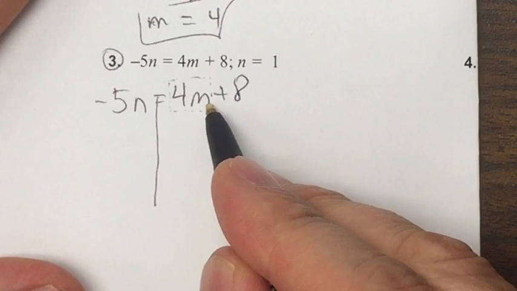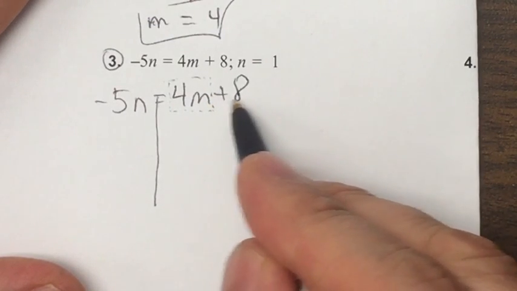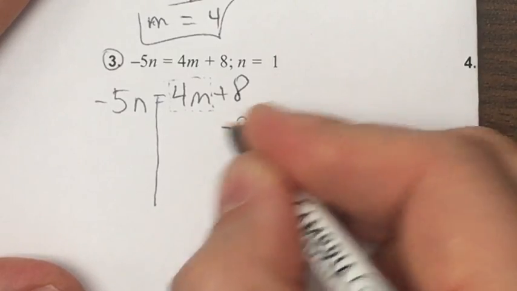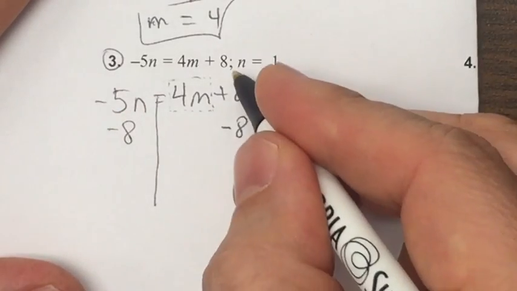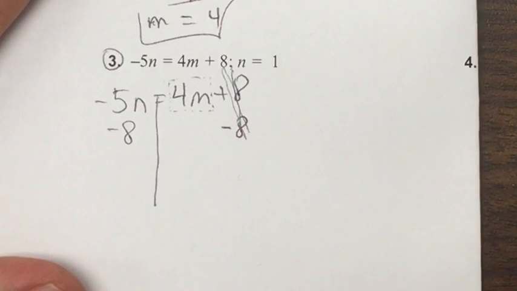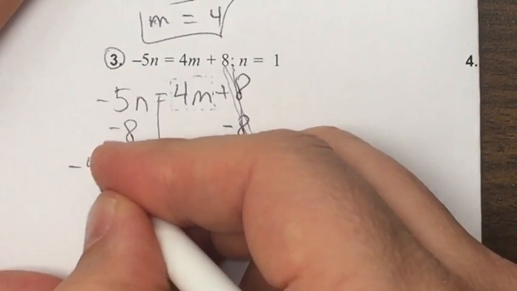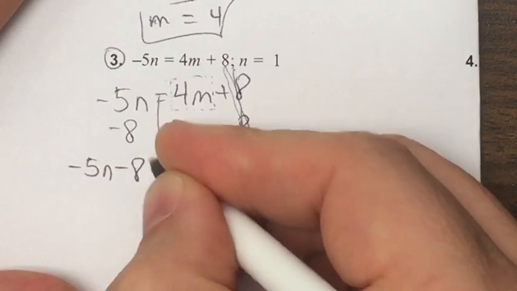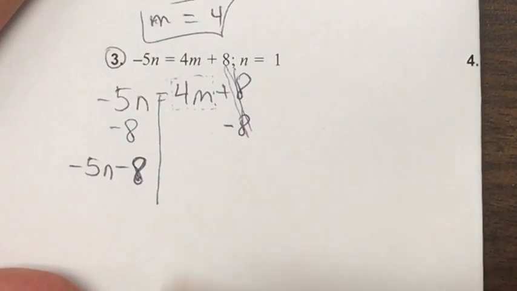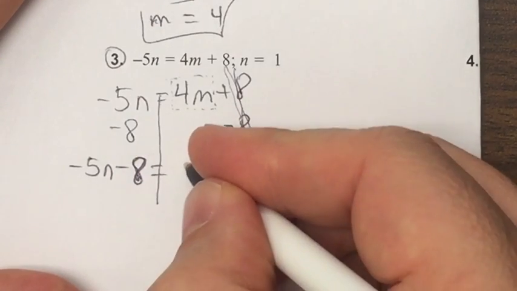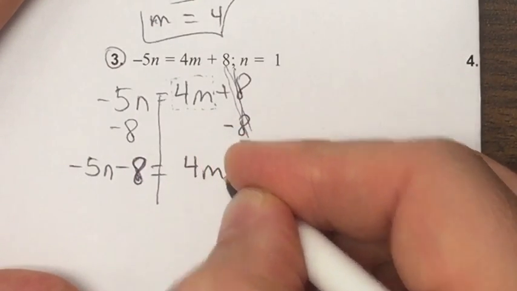It has 4m, and what I have over there with it is a plus 8 that I need to get rid of. Let's do minus 8 on both sides. 8 minus 8 cancels out to 0. Over here I have negative 5n minus 8. I can't combine those terms. I'm just going to write them side by side. So negative 5n minus 8 equals 4m.